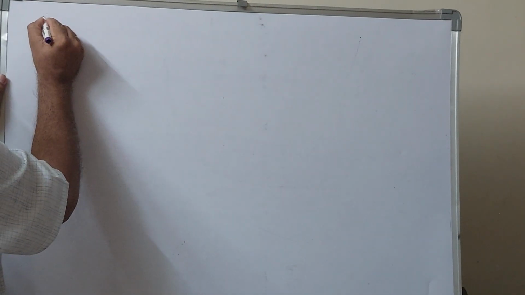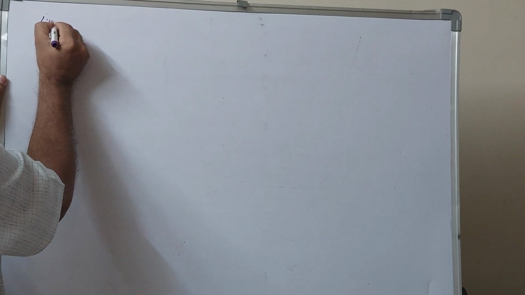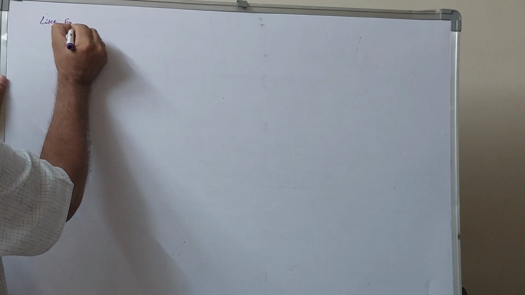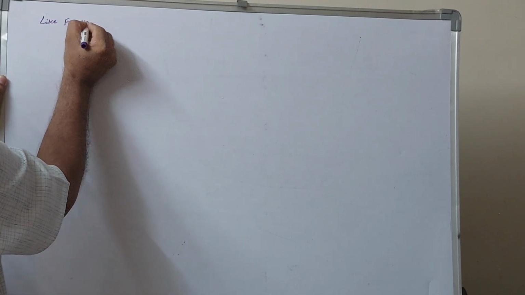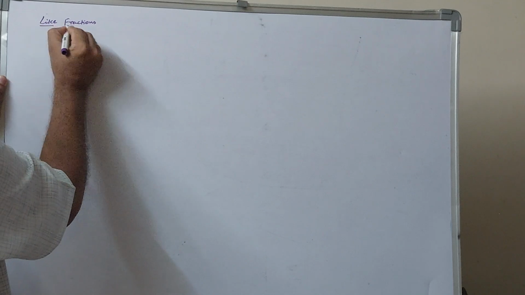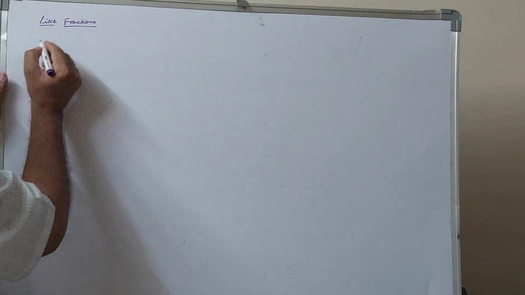So, like fractions. What are like fractions? Fractions with the same denominator. Fractions with the same denominators are called like fractions.